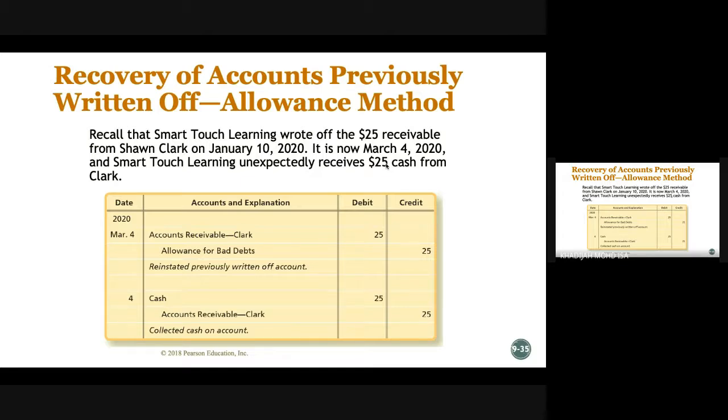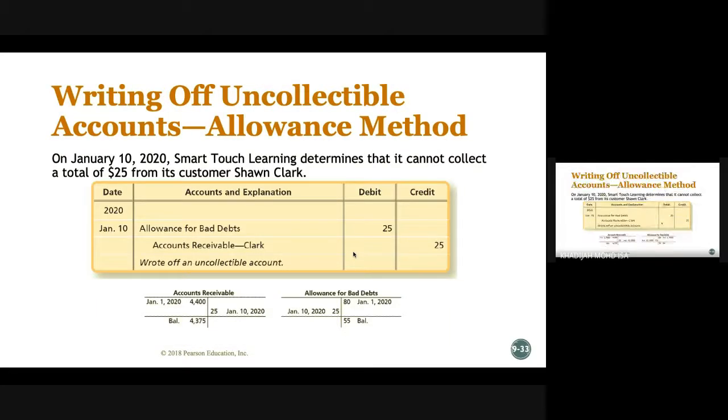So when you receive that on March 4th, you have to debit again 25. You have to put back the 25 into the accounts receivable, and you credit your allowance for bad debt. It's a bit confusing here because remember, you wrote off on January 10, 25.